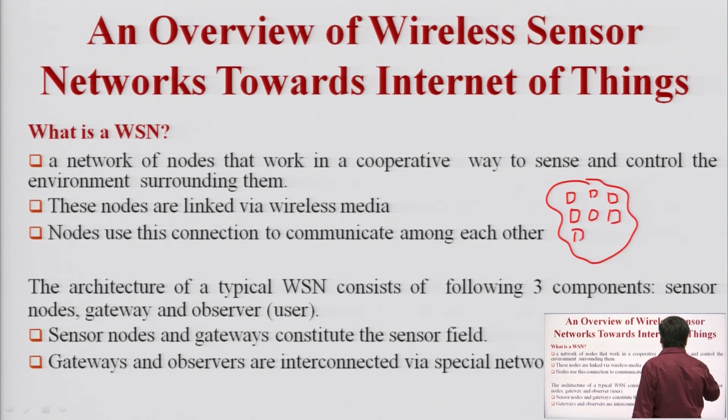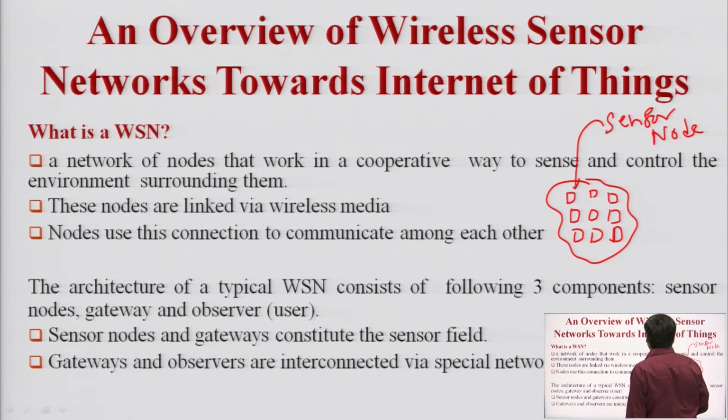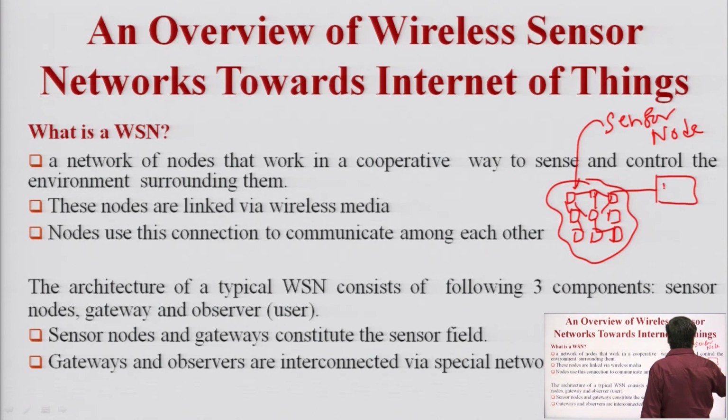These are sensor nodes, and these sensor nodes are communicating with each other in a cooperative way. They are connected with each other. They are intelligent enough to transfer information, and the distribution may be in star topologies or mesh topologies, and these sensor nodes are again connected to a base station.